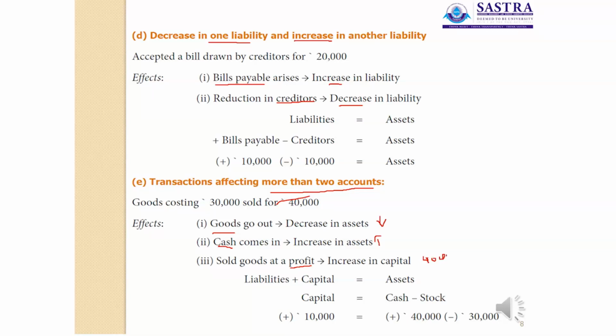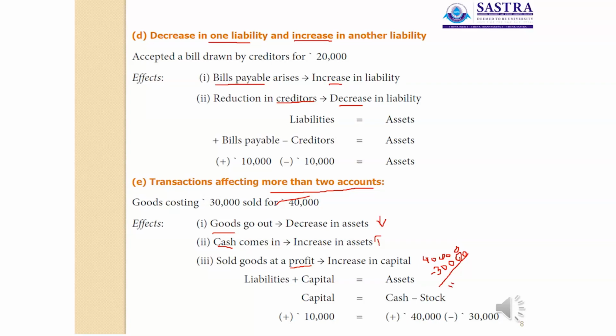Now we have to find out the profit. 40,000 minus 30,000 is equal to 10,000. So 10,000 is the value of profit.